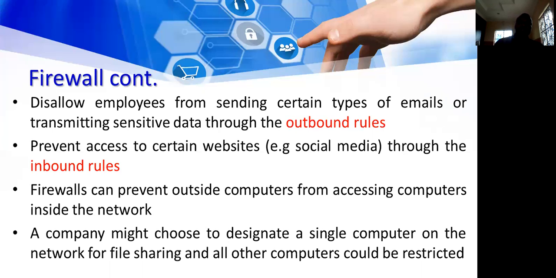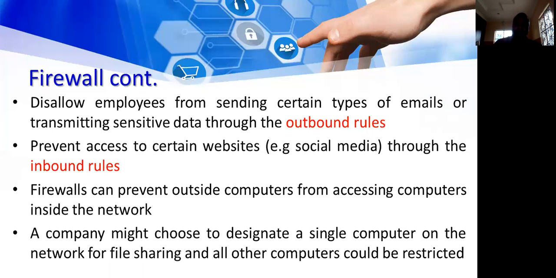The inbound rules are rules that allow or disallow communication from an external network to your own internal network. It is the inbound rules that take care of that. Now I believe you know the difference between outbound rules and inbound rules.